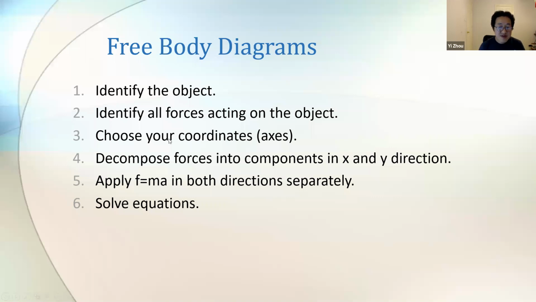So we resolve these forces into components in both directions. Then in both directions, we can find the sum of the force, then find the acceleration in that direction. With two equations in two directions, we can solve the system of equations to find what we want. Okay, let's do some examples and you can see how this works.